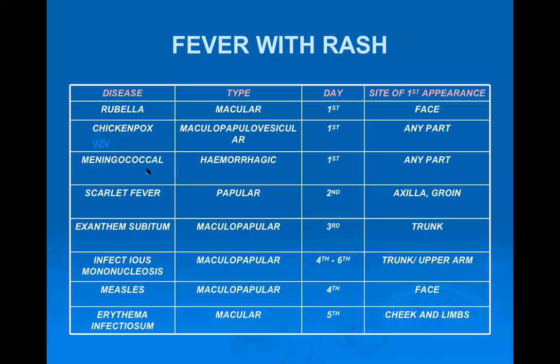This is a very lethal type of infection because within 24 hours, if we fail to diagnose meningococcal septicemia, the baby may die because of septic shock and Waterhouse-Friderichsen syndrome, where there is bilateral hemorrhagic necrosis of the adrenal gland.